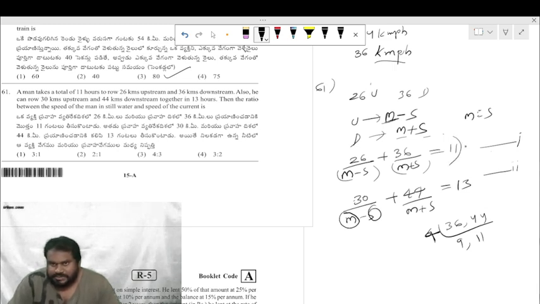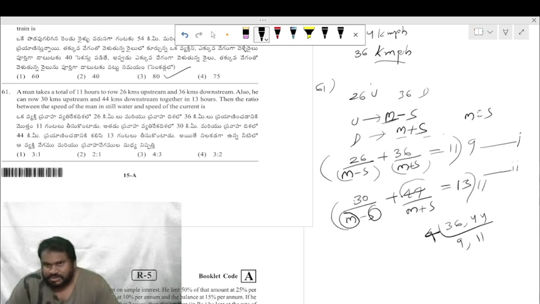So I'll multiply this with 9 and this with 11. Then this one and this one will become equal. Because I have taken the LCM of 36 and 44, we got 9 and 11 as multipliers.